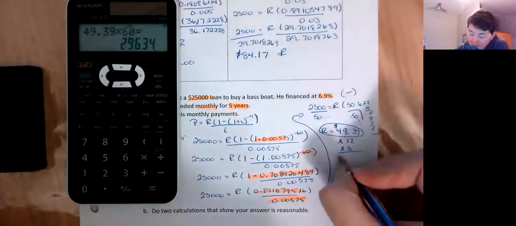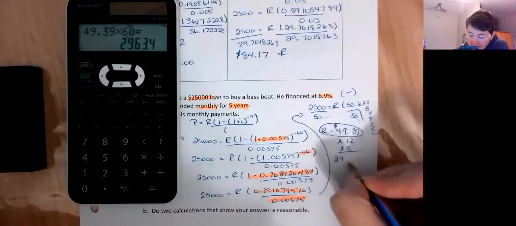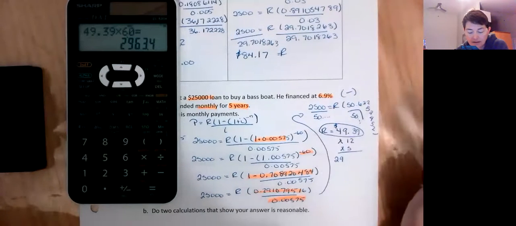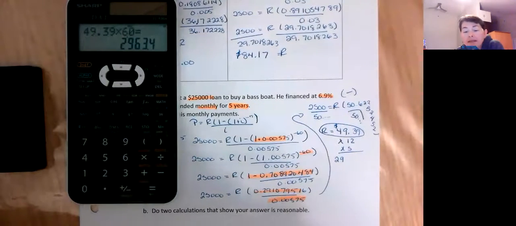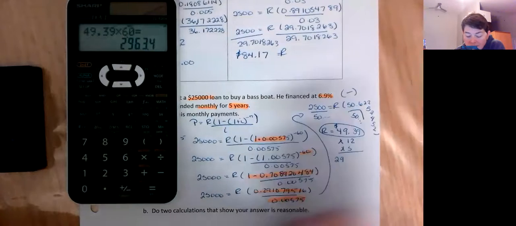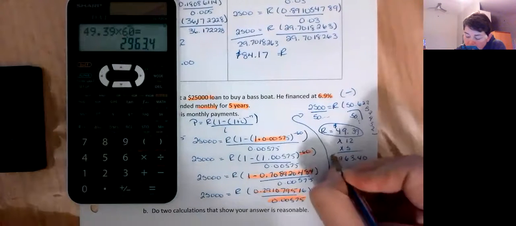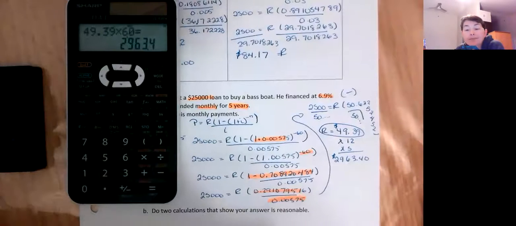Boom. Oh, did you guys see what I did? 63.40. See the mistake?